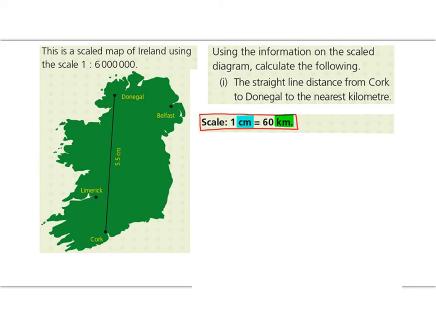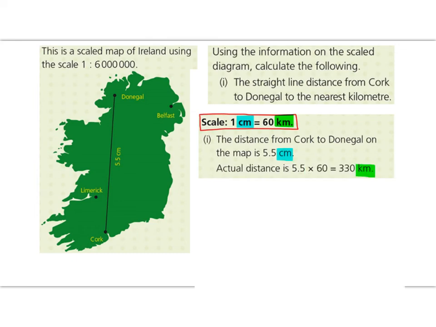So scale 1 centimetre equals 60 kilometres, and the distance from Cork to Donegal on the map is 5.5 centimetres. So the actual distance is 5.5 multiplied by 60, which is 330 kilometres. So in real life, that straight line distance from Cork to Donegal is 330 kilometres.